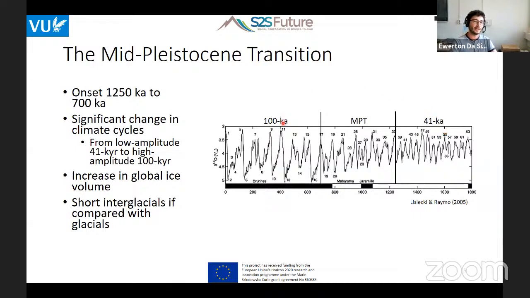And after it changed, we had a more asymmetrical, high amplitude, 100,000 year cycle. One of the main products of this transition is that the cold periods have become even colder and also longer. And therefore, we actually had a general increase in global ice volume.